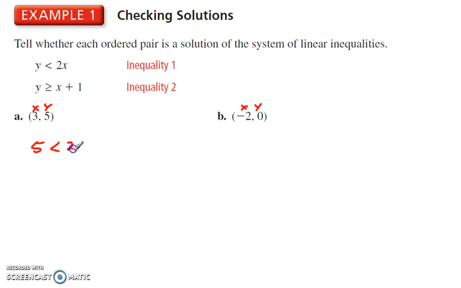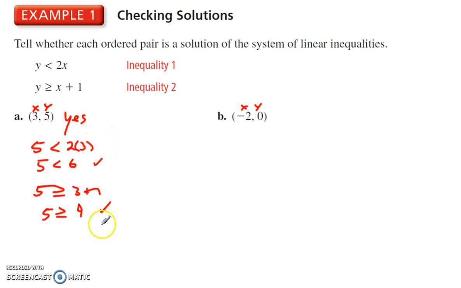Is 5 less than 2 times 3? Well, 2 times 3 is 6, and 5 is less than 6, so that works. Does it work for the second one? Is 5 greater than or equal to 3 plus 1? Well, 3 plus 1 is 4, and 5 is indeed greater than 4. So, yes, this is a solution.